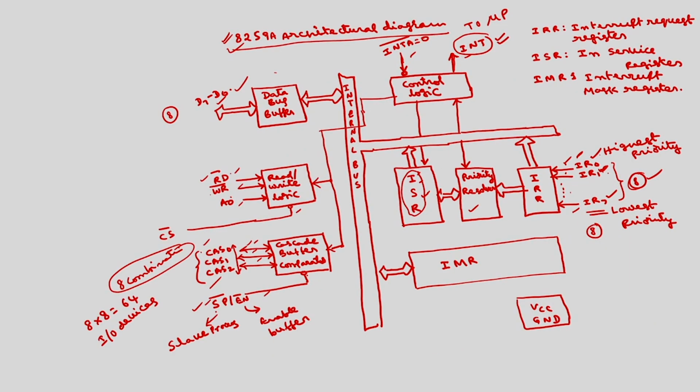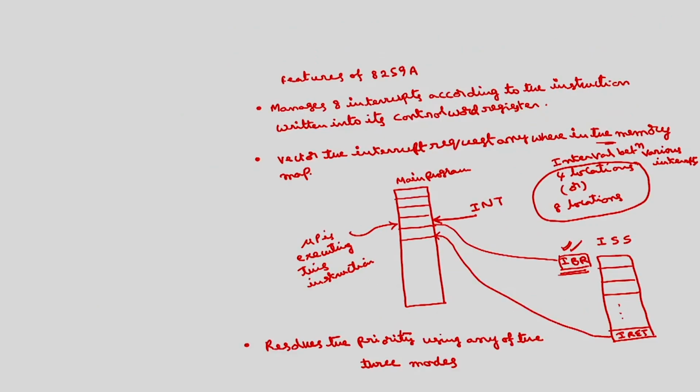As you can see in the 8259A architecture, there is a priority resolver, which resolves the priority of the interrupt requests. There are 3 modes of resolving the priority.